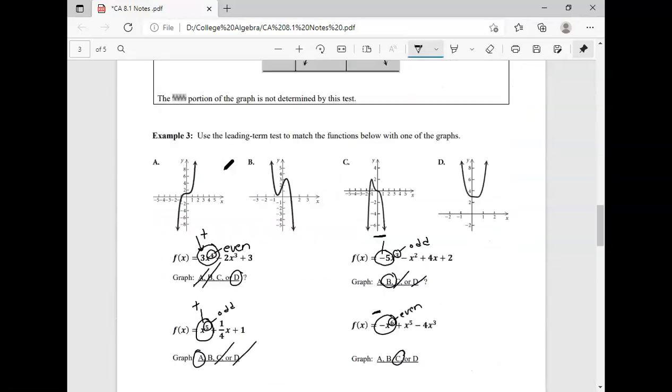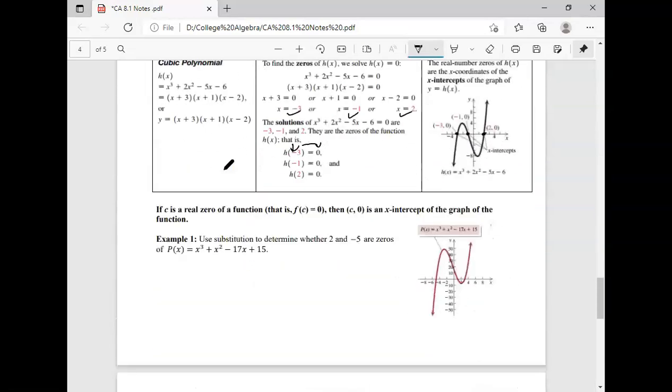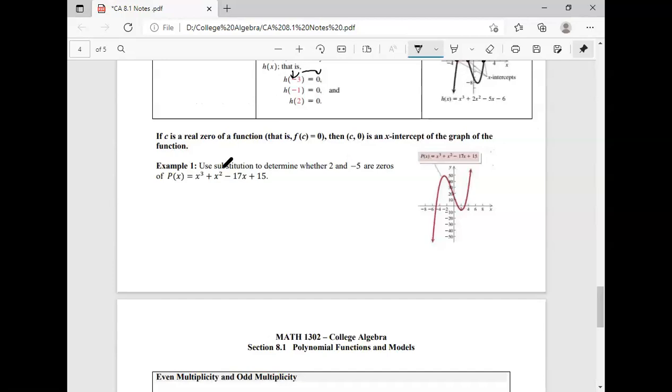If you plug in your zeros into your equation, you should get 0 for your answer. Okay, if you don't get 0 for your answer, then that is not an x-intercept. It's not a 0. So on this problem, they're asking us to plug 2 in and plug -5 in. So they're saying do P of 2 and do P of -5 and tell me, are those things zeros?